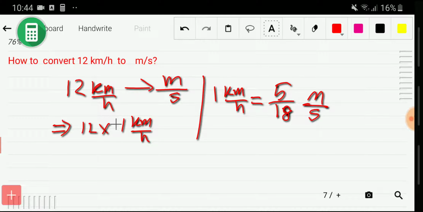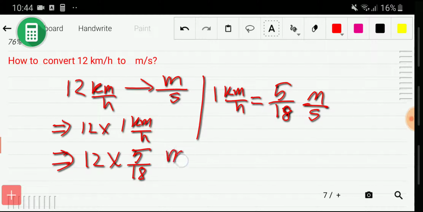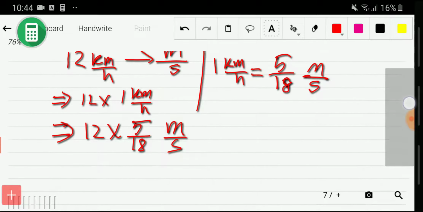So now you have to put the value of 1 kilometer per hour from here. So we are getting 12 times 5 by 18 meter per second, right? I am just putting in the value of this. So now we have been able to convert 12 kilometer per hour to meter per second, right?